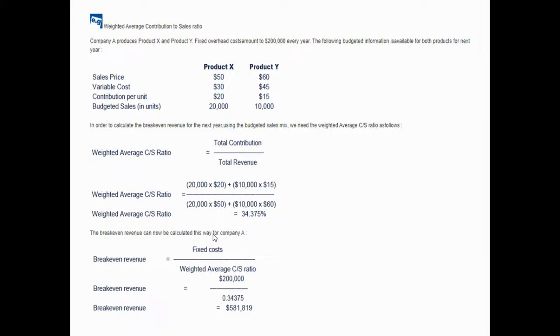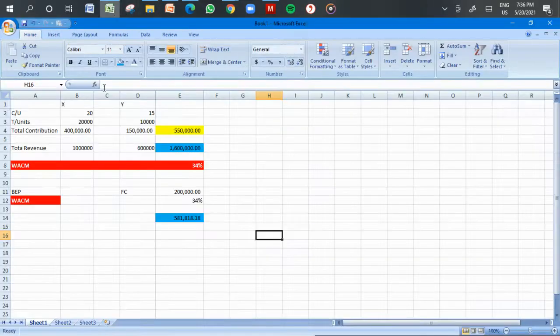What if they're saying calculate the level of activity that is required to attain a net profit of 90,000? What are you going to do? It's going to be simple.